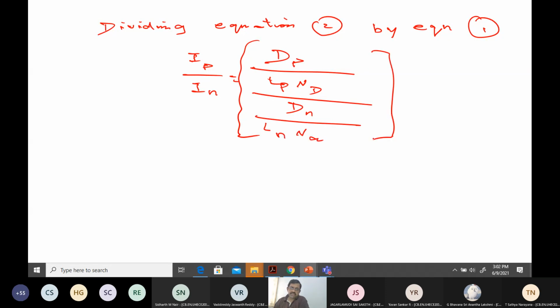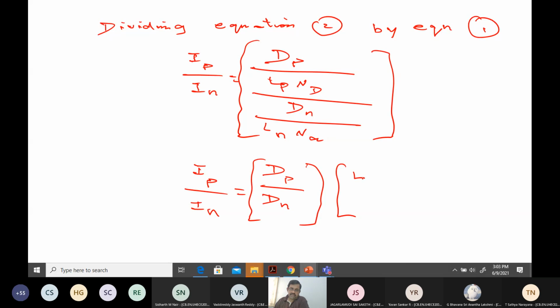So when I do this, I will simply get IP by IN equal to Dp by Dn, and then Ln by Lp, because that goes to the numerator and Lp is in the denominator, and also a factor which is missing, Na by Nd.